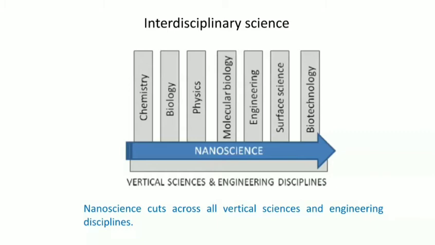So in all these subjects of science and technology, when the dimension of that object or thing goes to the nanoscale, then the science has changed. Okay, it gives you some new properties which are definitely useful in a different way. So in that sense we call nanoscience an interdisciplinary science.